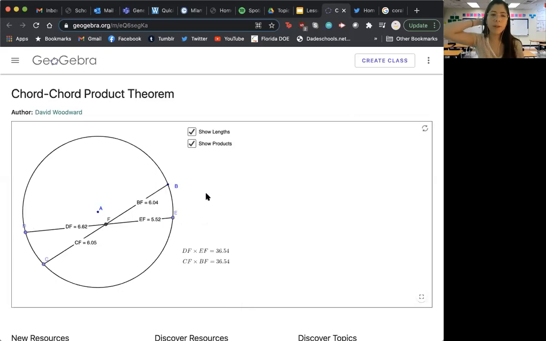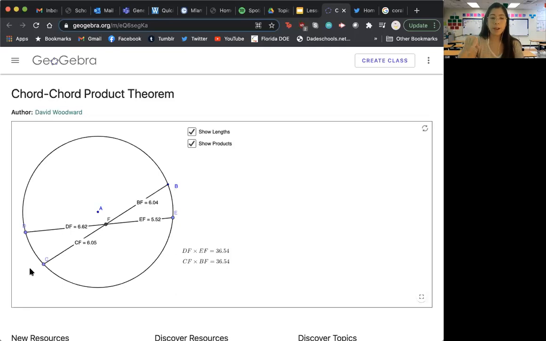Can anyone just remind me really quickly, what is a chord? A line that goes through a circle twice. So the endpoints are on the circle, right? And Jalen just said it privately, but I'm going to say what he told me because it's also true.